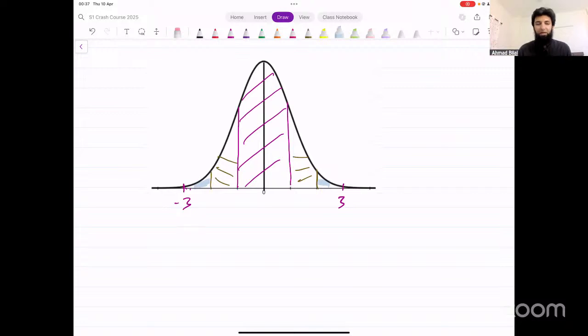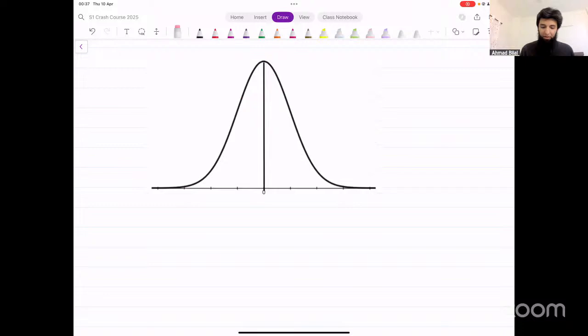So there's symmetry, but that symmetry is that these two probabilities are equal to each other. This yellow probability and this blue probability, they are equal to each other. Or all the probability on the left side is equal to the probability on the right side. That does not mean that for any given interval, the probability is going to be the same. Okay?